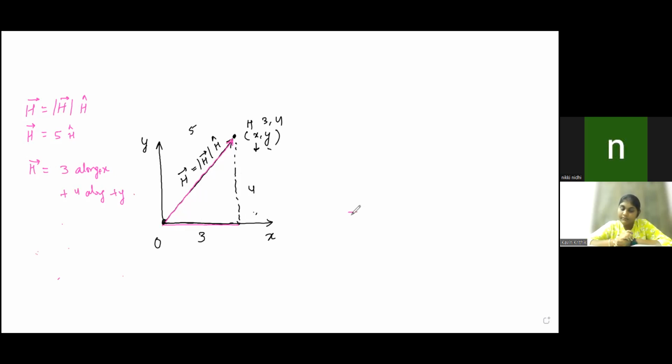So we name a unit vector along positive X as I cap, along negative X as minus I cap, positive Y as J cap, negative Y as minus J cap. So can I write this H vector is equal to 3 I cap plus 4 J cap?